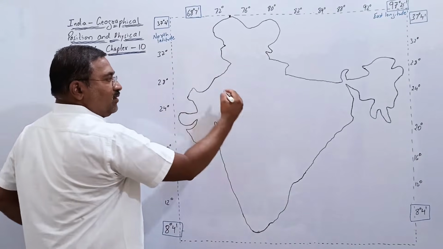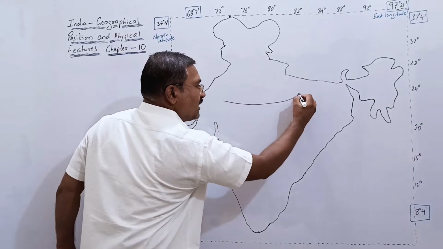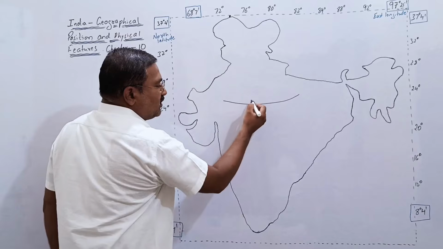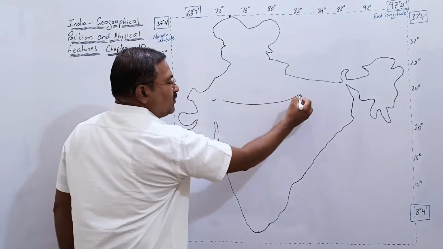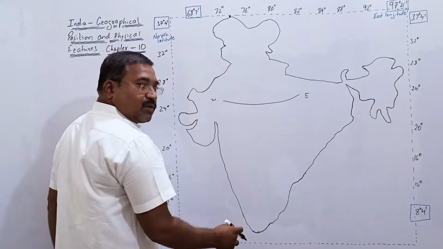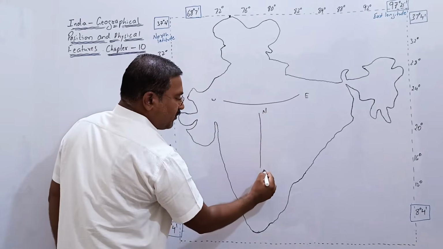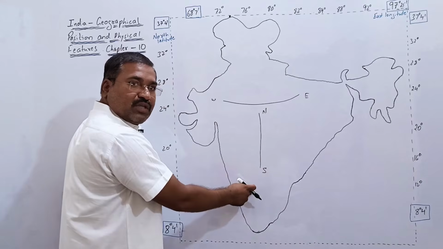Lines passing in this form we call latitudinal lines, the lines which pass from western to eastern. Longitudinal lines pass from the top to the bottom, in the sense from north to south.